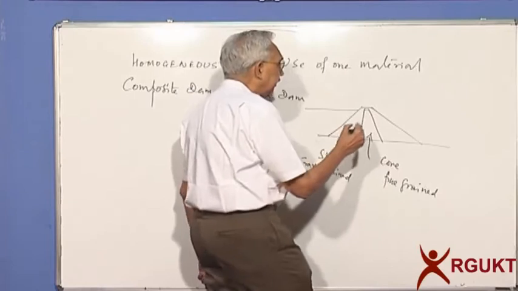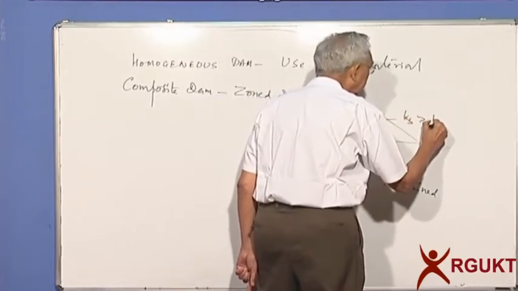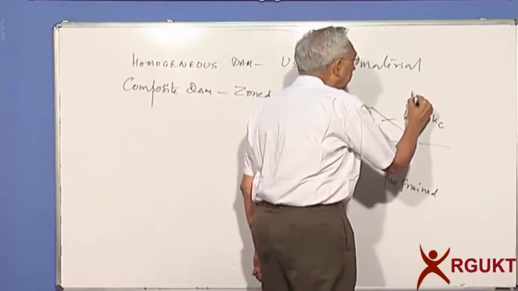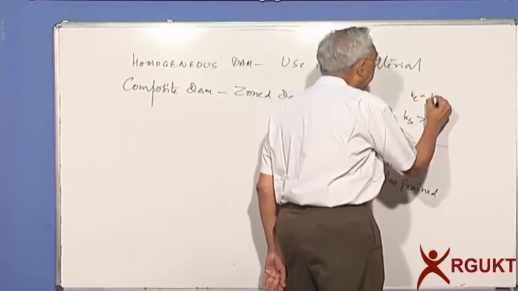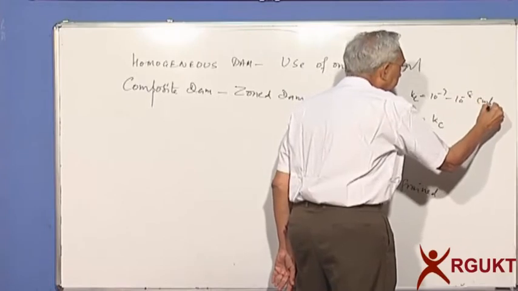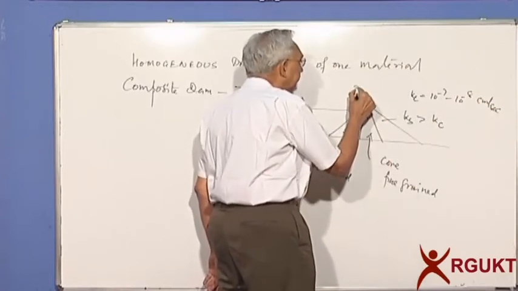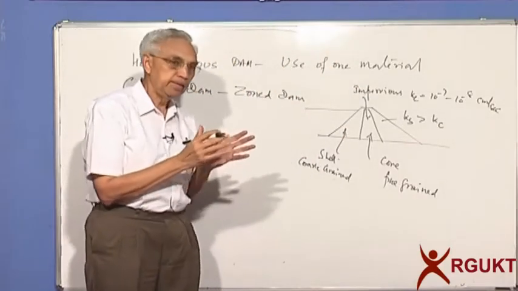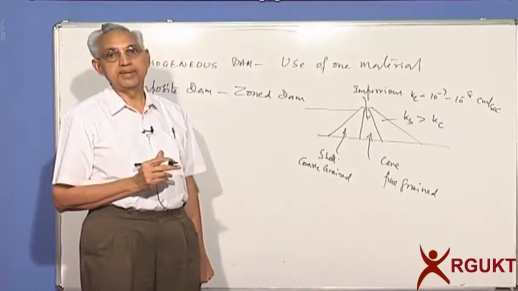Now you can say that the permeability of the shell is much higher than the permeability of the core. K of the core is usually very, very low, 10 to the power of -7, 10 to the power of -8 centimeters per second. So it is relatively impervious, but you don't need a lot of material. You just need only a very small amount compared to the overall volume of the dam.